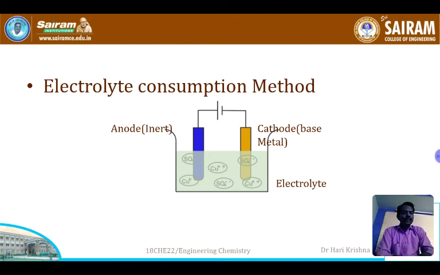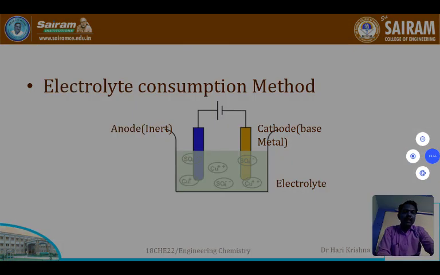When you pass current, Cu2+ ions are already present in the electrolyte. So what happens? Cu2+ will move towards the cathode, accept electrons and undergo reduction, and will get deposited on the surface of the cathode.